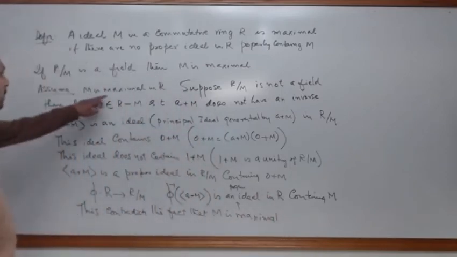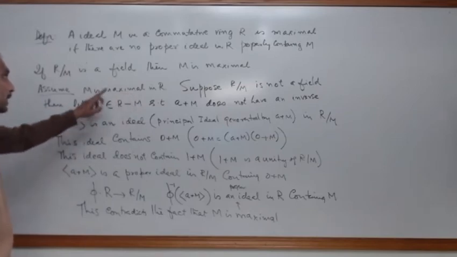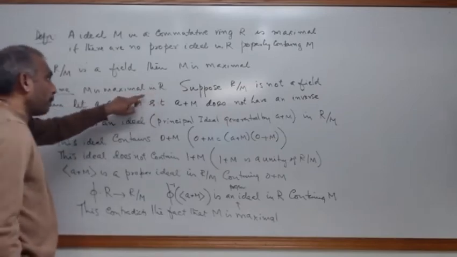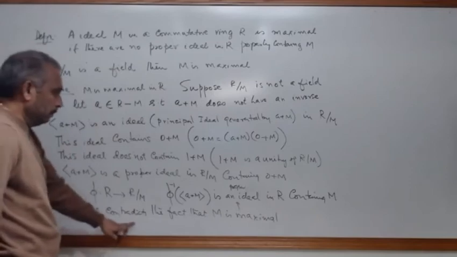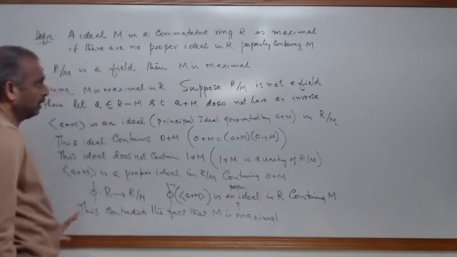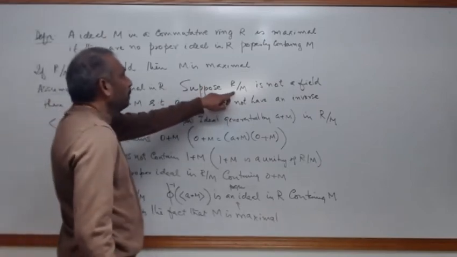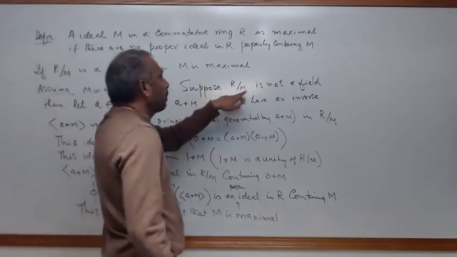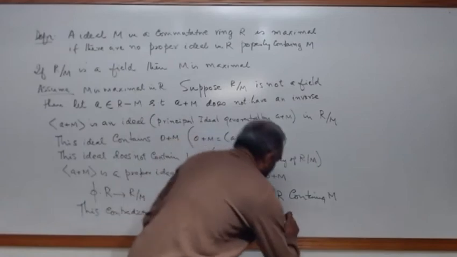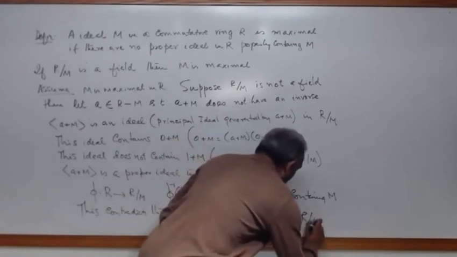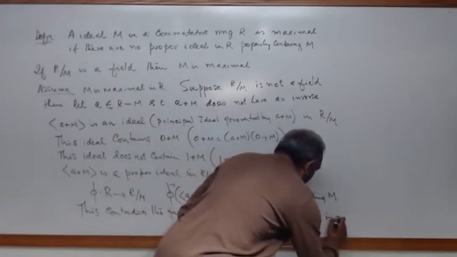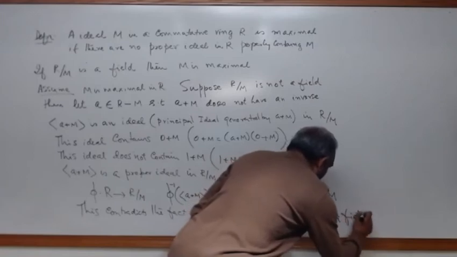We started with M maximal and we found there is a proper ideal in R containing M, which is not correct. The reason we arrive at this conclusion is because we assumed that R by M is not a field. So that implies R by M is a field.